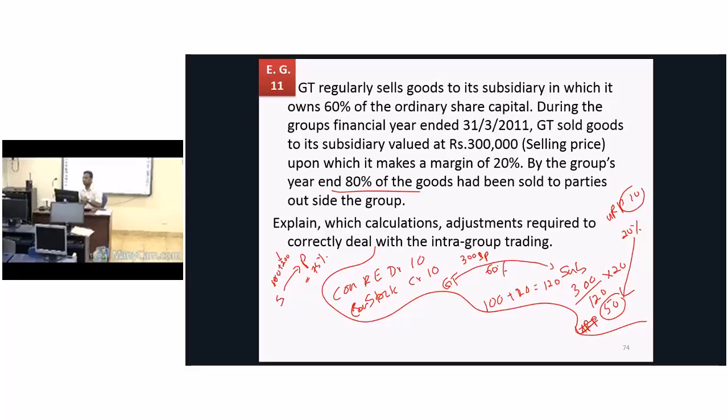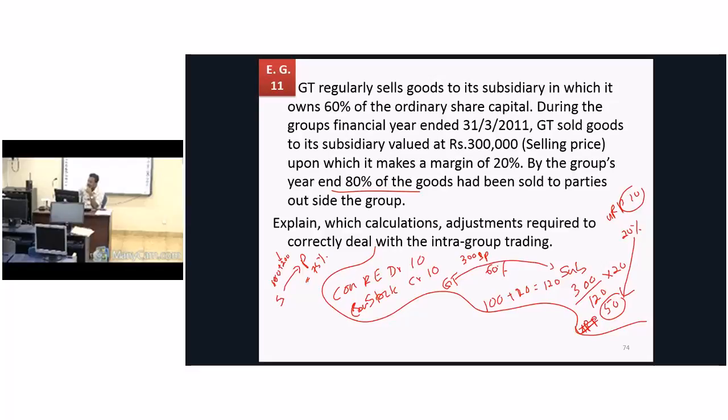Look at this example. GT regularly sells goods to its subsidiary in which it owns 60% of the ordinary share capital. During the group's financial year ended 31st March 11, GT sold goods to its subsidiary valued at rupees 300,000 at selling price, upon which it makes a margin of 20%. I hope you can remember the margin and markup story.